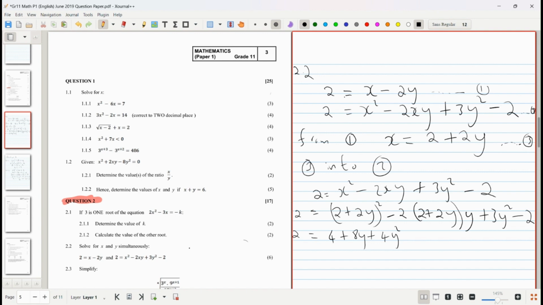When you multiply by 2, you'll have negative 4y. And then negative 2 times 2y, and there's y here, you'll have negative 4y squared. And then plus 3y squared minus 2.